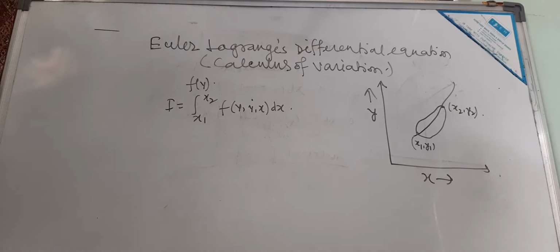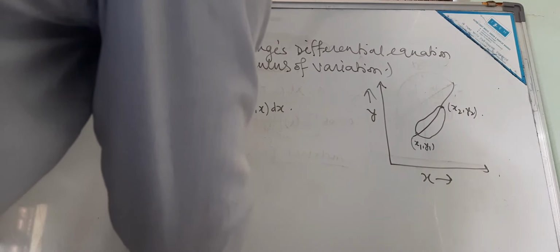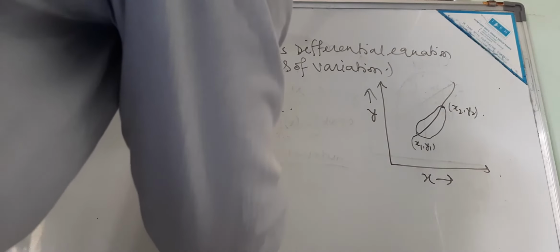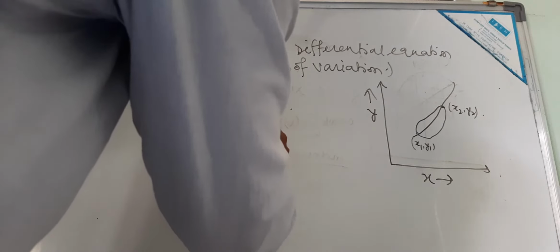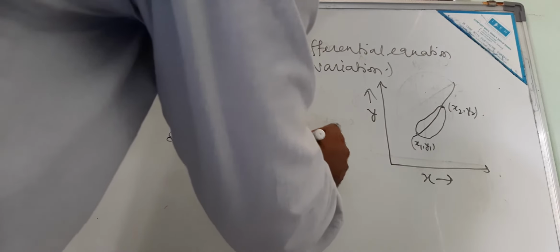Here we find the variation delta I, and delta I has to be 0. So we can write delta integration x1 to x2 of this function f(y, y dot, x) dx equal to 0.